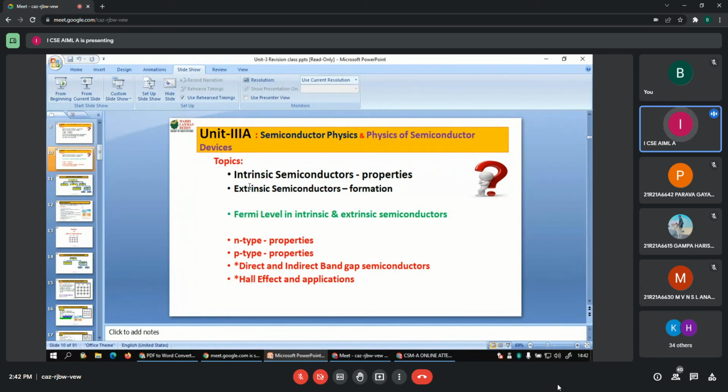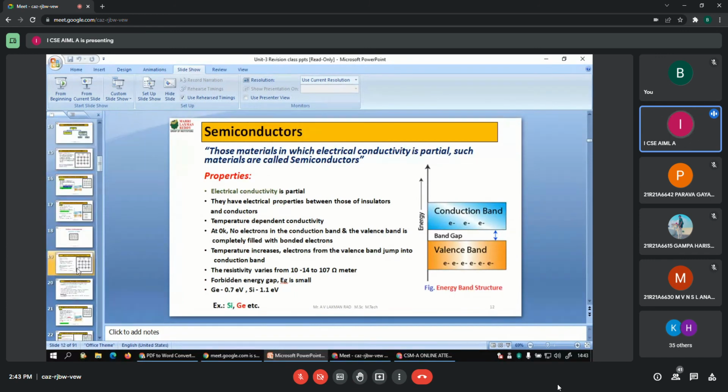It doesn't mean that formation of extrinsic semiconductors won't be given, but most of the time we can expect N-type and P-type formation, direct and indirect band gap, and Hall effect as the important topics. Are you listening to what I'm saying? Yes, sir.